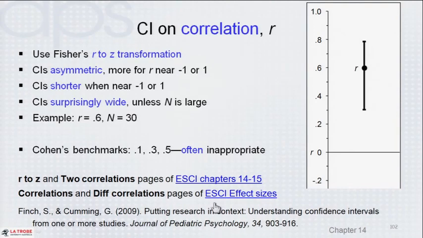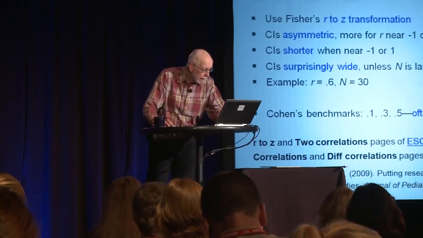I'm looking here briefly at a couple of different effect sizes and confidence intervals on those effect sizes. And just as an instance of an effect size that's very familiar but has an asymmetric confidence interval, I'm going to take ordinary Pearson correlation r. And let's go over to ESCI.